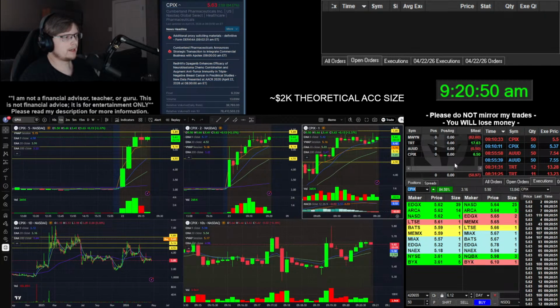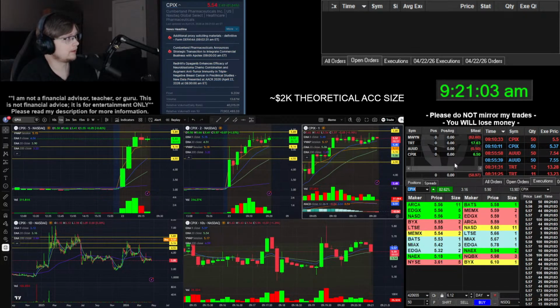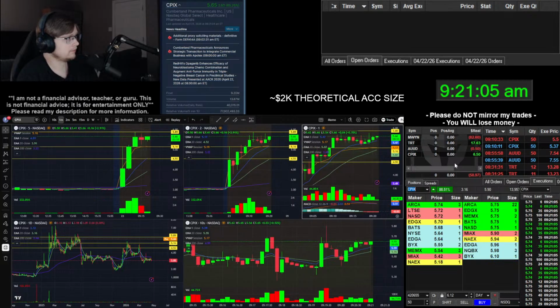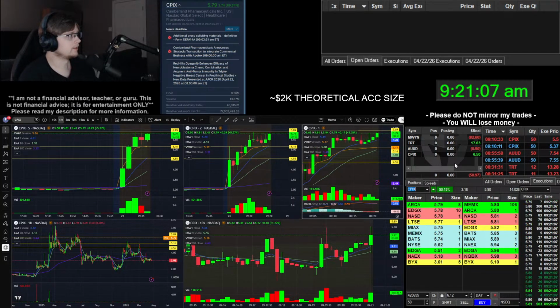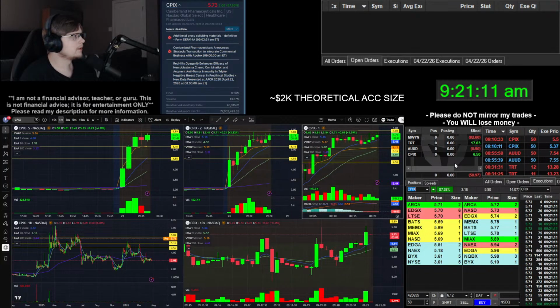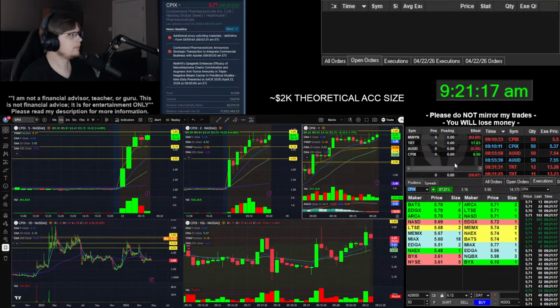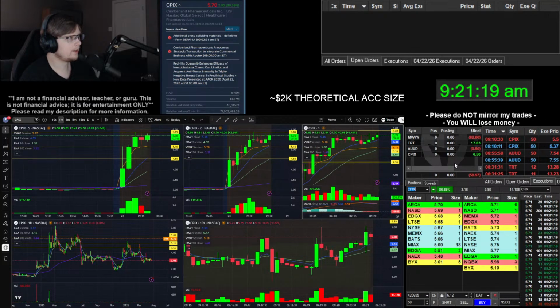If I were to take a half size starter, that would be two button presses, and then if it pulls away, I could press it 2 more times to go up to max position size. But it's a little bit finicky up here. So 590 high. A little bit of a pivot at 580.